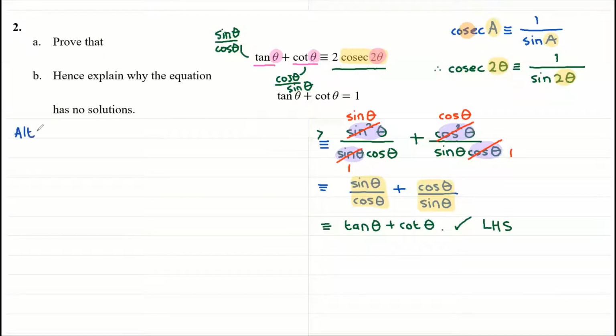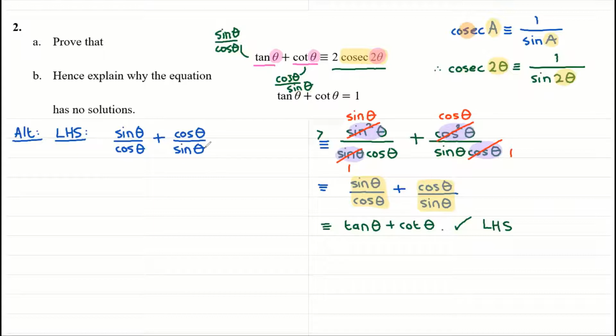So starting with the left-hand side this time, we know that tan theta can be represented as sine over cos, and that cot theta is the reciprocal of tan, which is cos over sine. Like that. Okay.